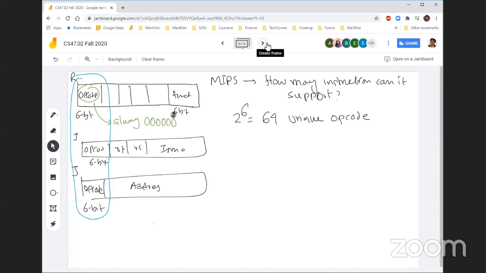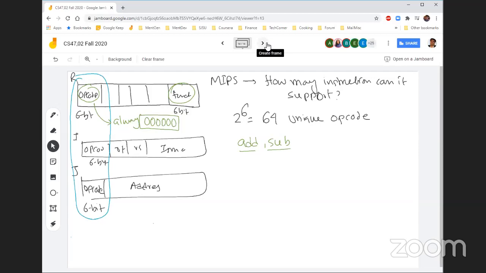So for R type, all of the instructions have an opcode of 0. Instructions like add and sub are differentiated from each other with a function code. So opcode 0, then we look at the function code.